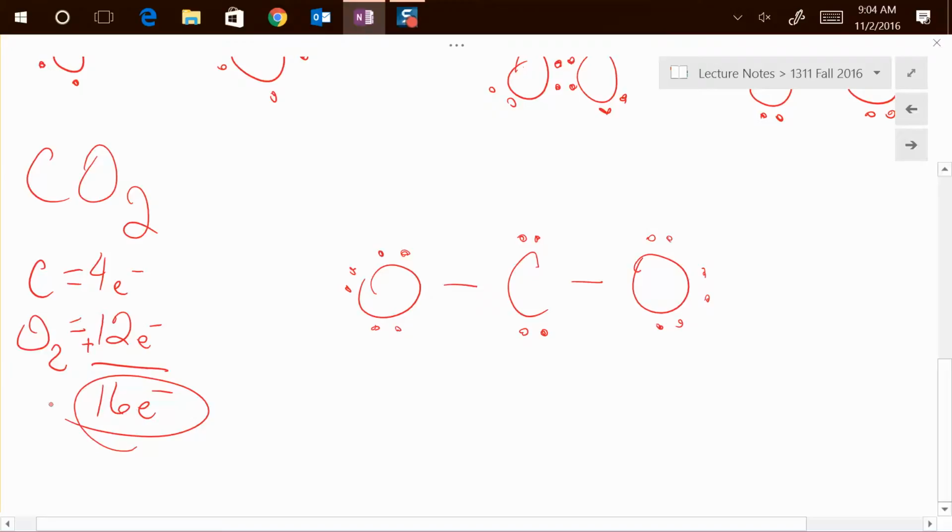If you have too many electrons, to reduce the number of electrons in your structure, instead of having electrons that are not paired, if you pair them, it will reduce the total number that your structure can have. If I need to reduce electrons, I make a bond. That's the only way you can reduce the number of electrons. So I make this bond here. Now look at the oxygen. How many electrons are on the oxygen that I just bonded to?